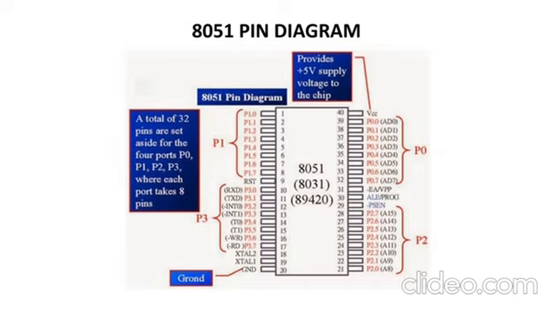How many pins remain? 8 pins. 2 pins go for VCC and ground, and 2 pins go for the crystal oscillator, that means XTAL1 and XTAL2. Next is the reset pin, that makes 5 pins, and the remaining 3 pins are EA, ALE, PSEN. So you need to remember these 8 pins, because the 32 pins are very easy to remember.